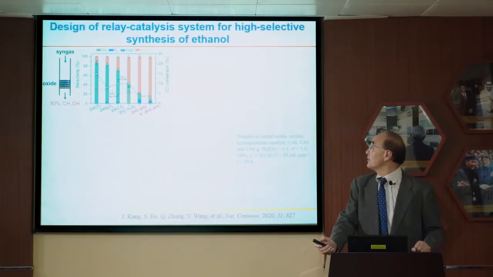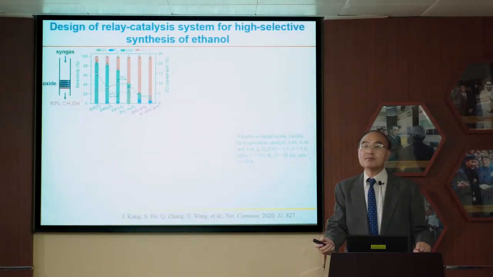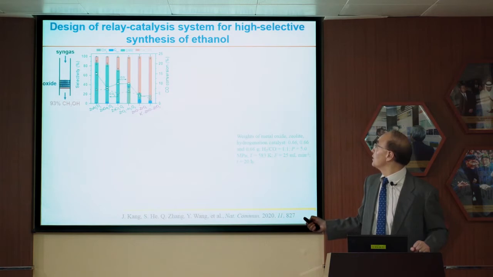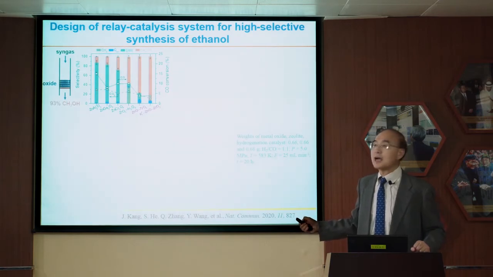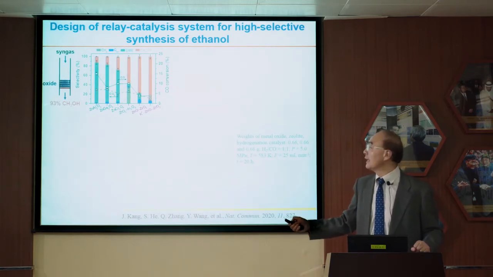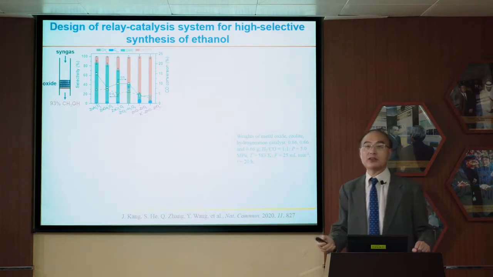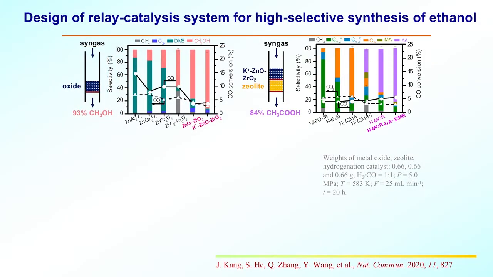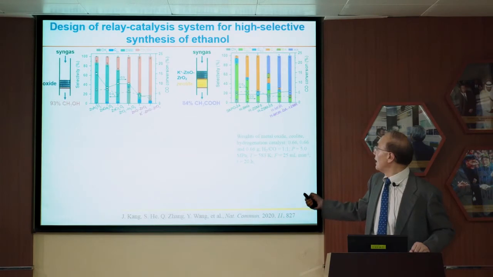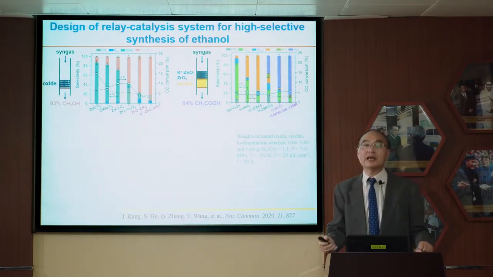We found that a potassium-modified zinc-zirconium catalyst showed high selectivity of methanol, 93%. The combination of this metal oxide with mordenite zeolite with the elimination of aluminum in the 12-membered ring channel offered acetic acid with a selectivity of 84%.